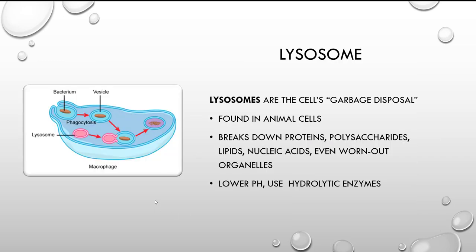All right, and then we have some other parts that are involved, such as our lysosome. So our lysosome is a special type of organelle that is kind of like the garbage disposal of our cell. And if you recall from a few slides ago, it's only found in animal cells. And it contains these digestive enzymes.